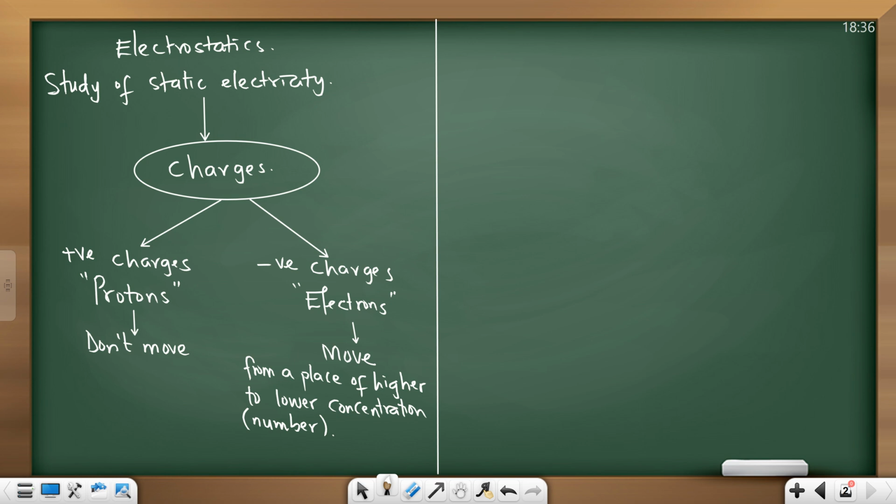So we're just going to say they both have the same magnitude of charge, which is 1,6 times 10 to the power negative 19 coulombs. So if I'm talking about protons, then I talk about positive. If I'm talking about electrons, then I talk about negative.